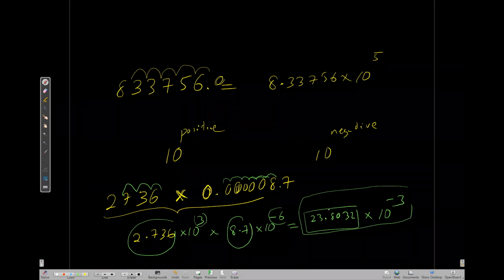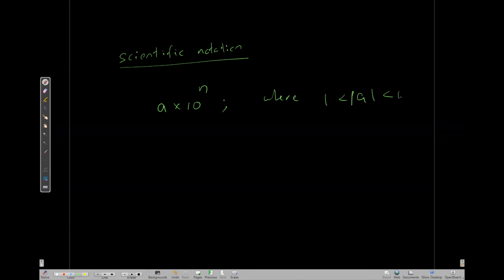So, scientific notation, a number is written in scientific notation when it is in this form, A times 10 to the n, where A has to be, or actually the absolute value of A has to be between 1 and 10.